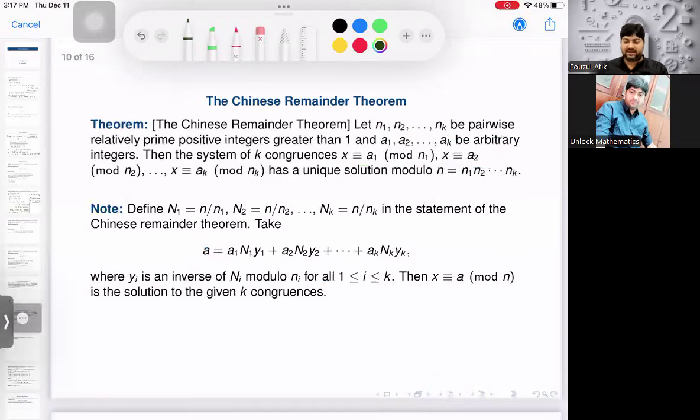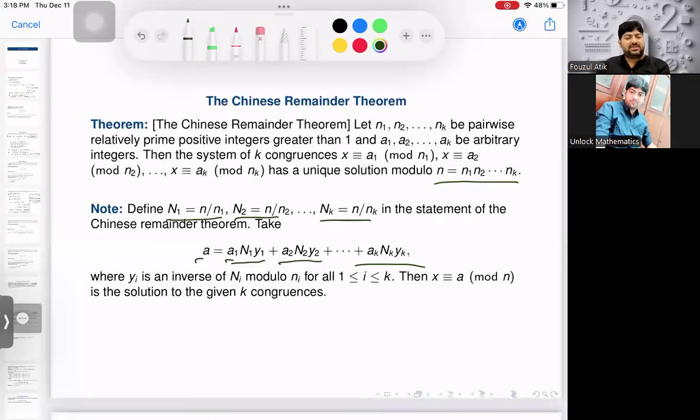Then there is a note. You define a new integer capital N1 equal to n divided by small n1, where n is the product of all n1, n2, ..., nk. Then the actual solution is a equal to a1 N1 y1 plus a2 N2 y2 plus dot, dot, dot, up to ak Nk yk.